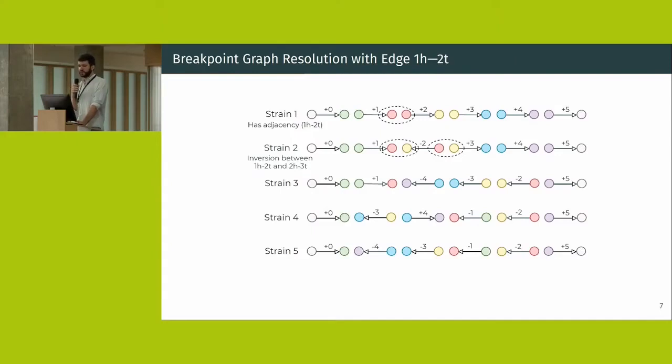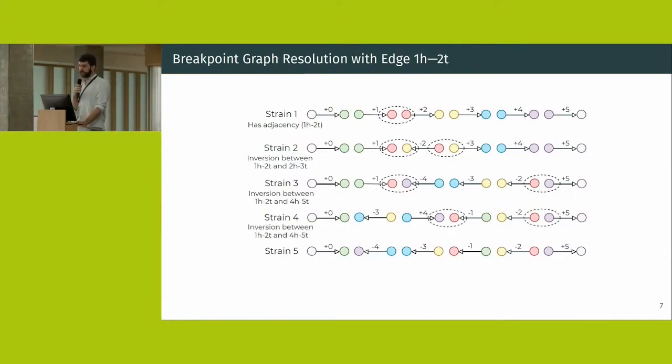In strain 2, we see that there was an inversion of the second block, so both the red vertices are neighbored with yellow vertices. This is one type of event. In strain 3, we see that red vertices are neighbors with purple vertices. So it's another type of event: an inversion of the sequence 2, 3, 4.